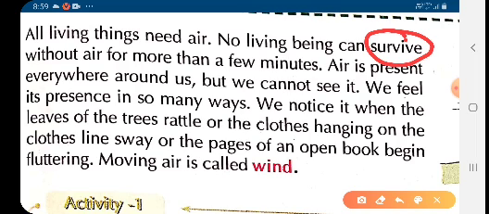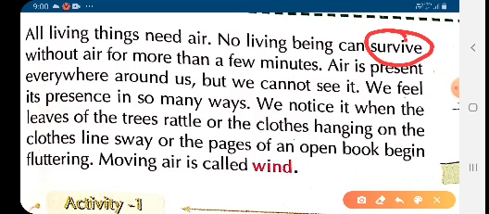So children, we cannot see air as it is colorless and odorless, as it has no smell or color. That is why we are not able to see it, but it is present everywhere.